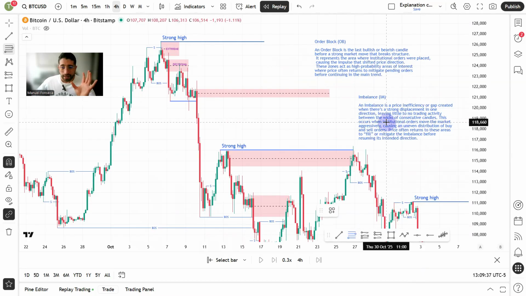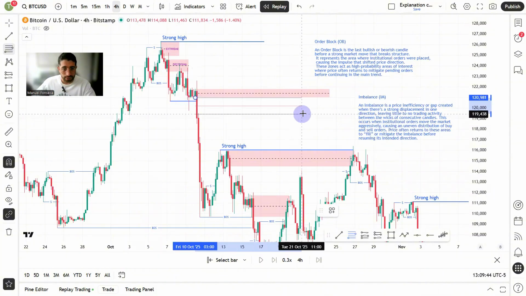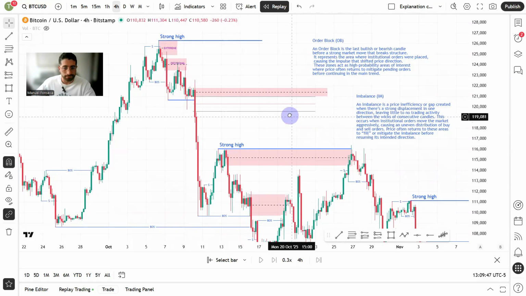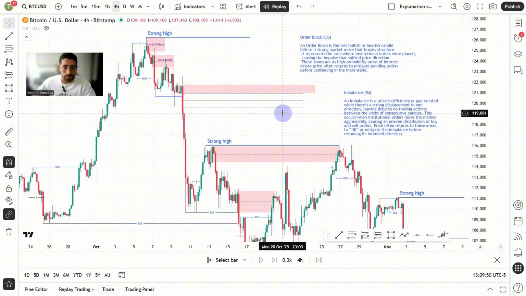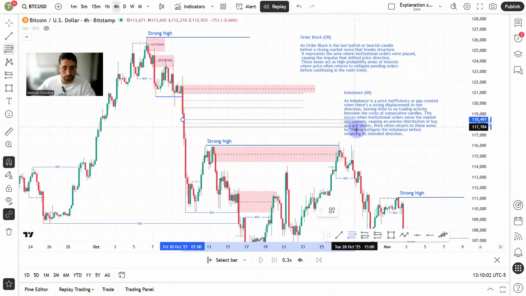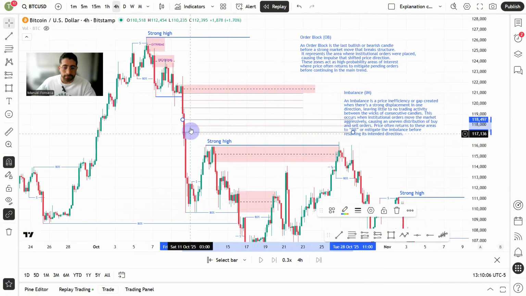And we're going to try to find the 50% of these imbalances, also called fair value or the sensitive area. The imbalances have the best reaction at their 50%, right? Remember, watch the video where I show you how to use the Fibonacci tool to do it this way.